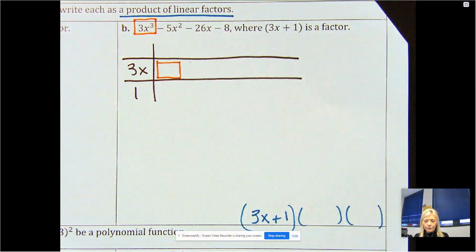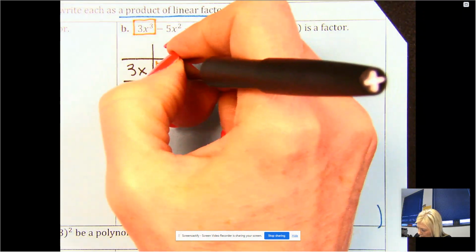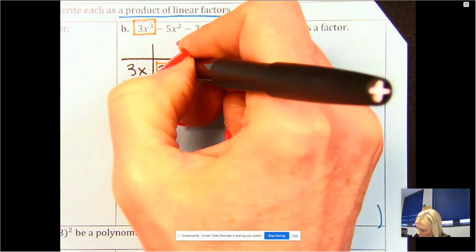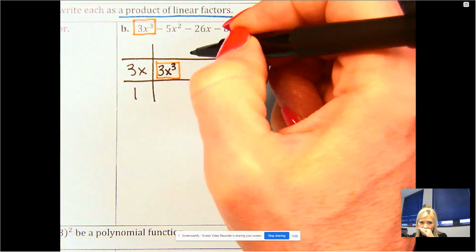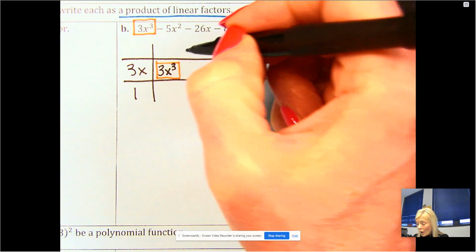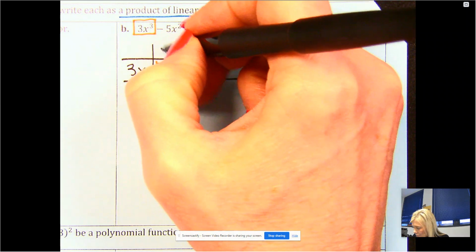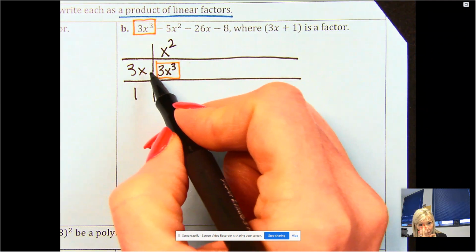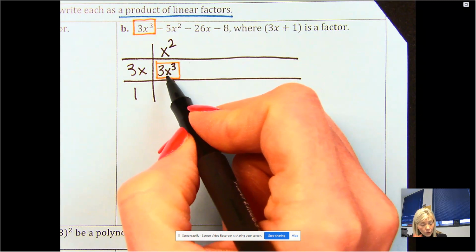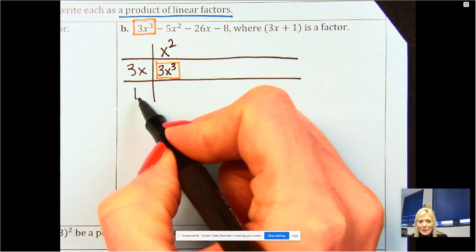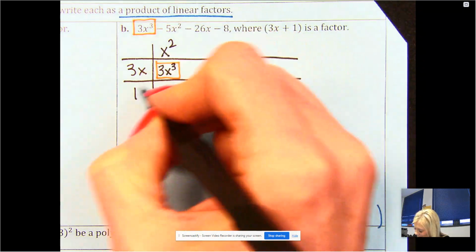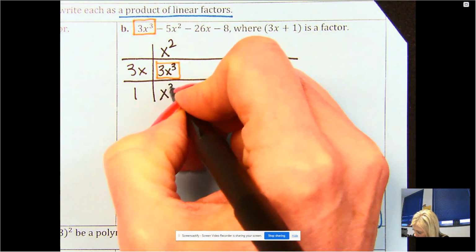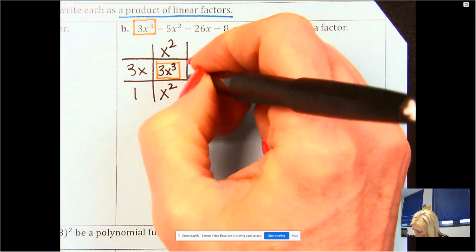That's how we start. And so 3x to the third goes here. And then that allows us to know what goes on the top. It's x squared, because x squared times 3x is how you get the 3x to the third. And then you just multiply it by the 1. So x squared times 1 is x squared. And we go to the next spot.